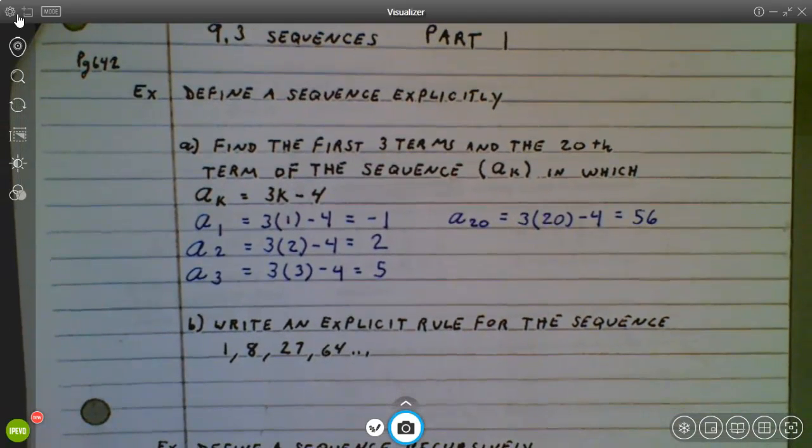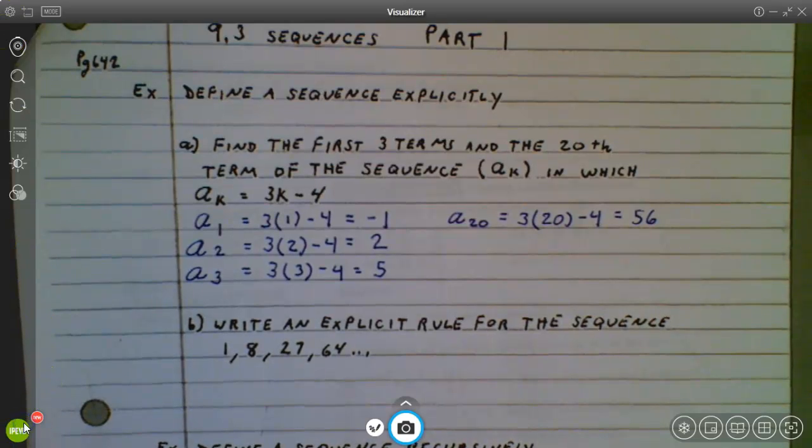All right. So let me give you one more item here, and then we'll talk recursive rules. What if I'm given the pattern, and I am asked to write the explicit rule for the sequence? This, in my opinion, is one of the hardest things potentially that there is to do for a sequence.